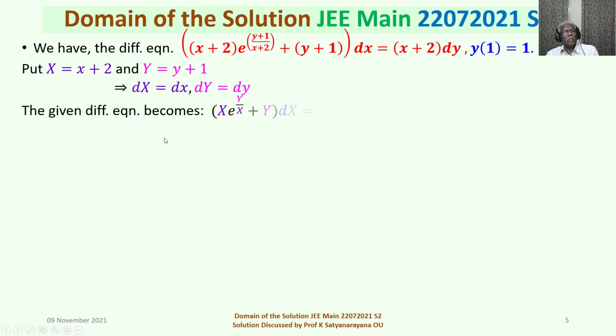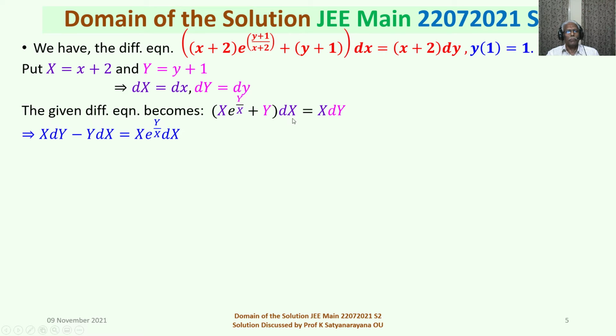The given differential equation becomes X e^(Y/X) + Y, in brackets, dX is equal to X dY. From now onwards, X and Y mean capital X and capital Y only.